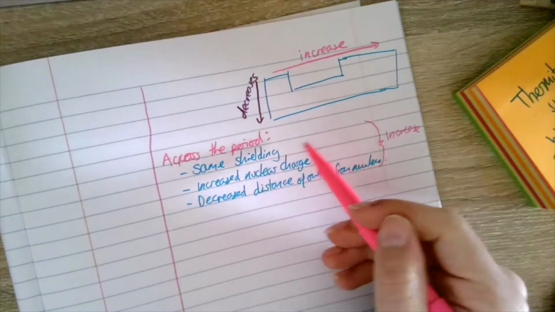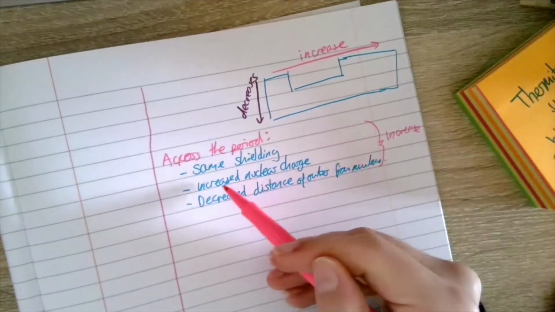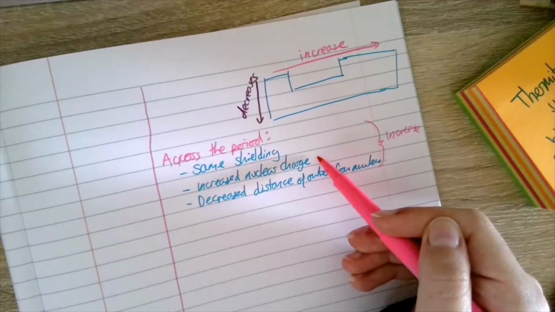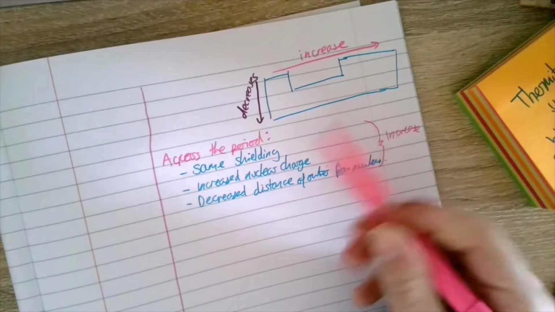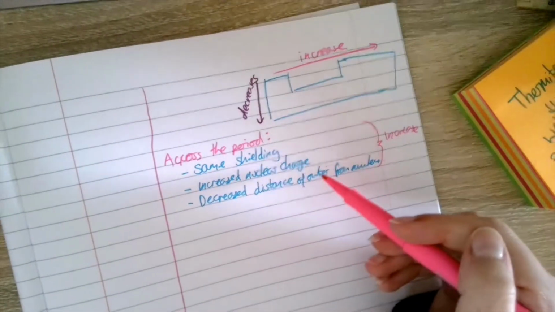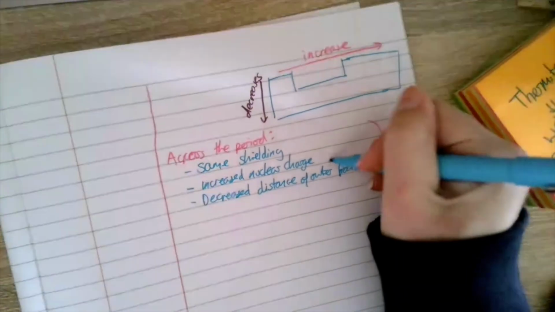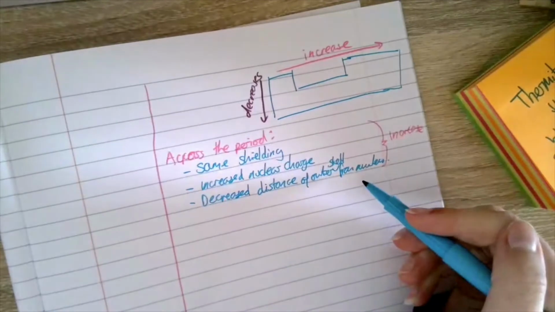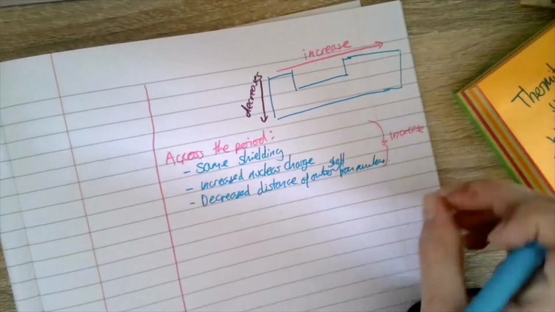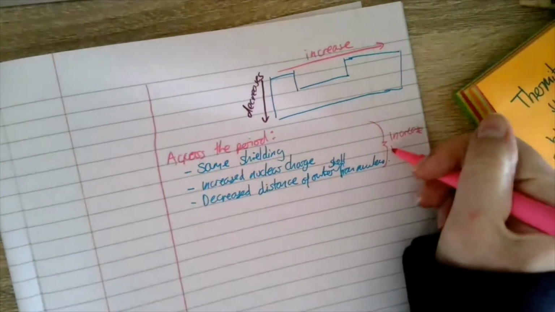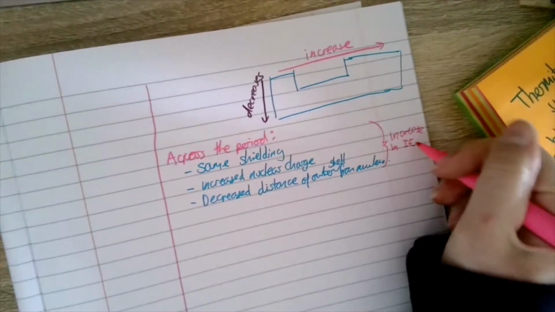Same shielding, so it doesn't really have an effect. That increased nuclear charge makes it harder to remove the electrons, and again a decreased distance of the outer shell from the nucleus again makes it harder, and therefore we've got an increase in our ionisation energy.